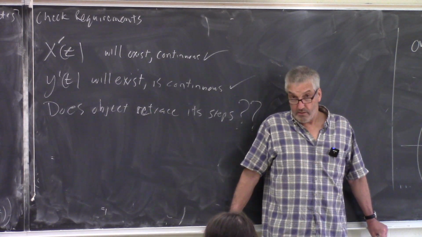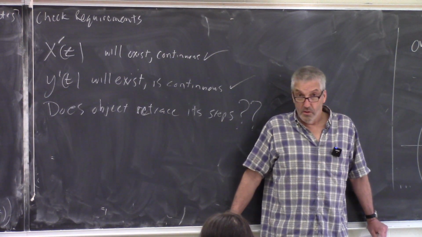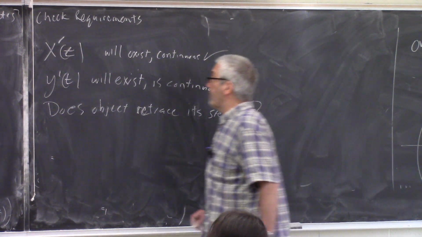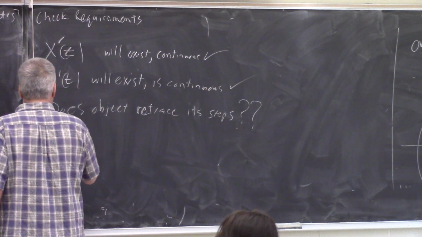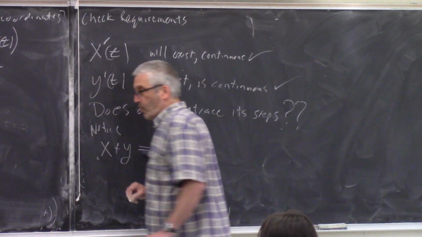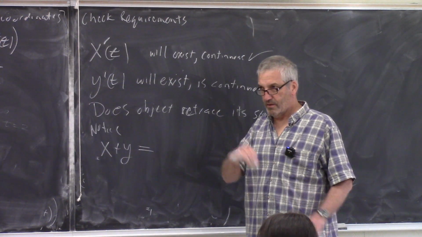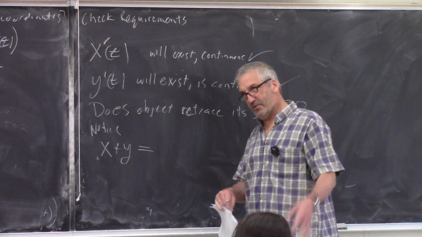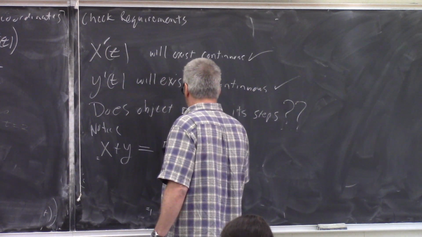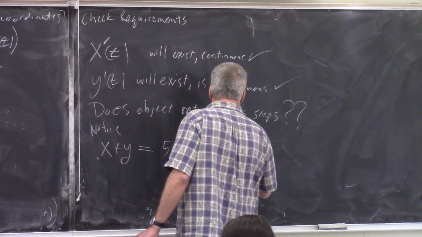So here's where I get to sort of present myself as the grown-up in the room. But again, this was not my trick. I was taught this at some point. So notice that x plus y equals what? 5, yeah, you already had it. You gave it away. So it's 5 sine squared plus 5 cos squared.